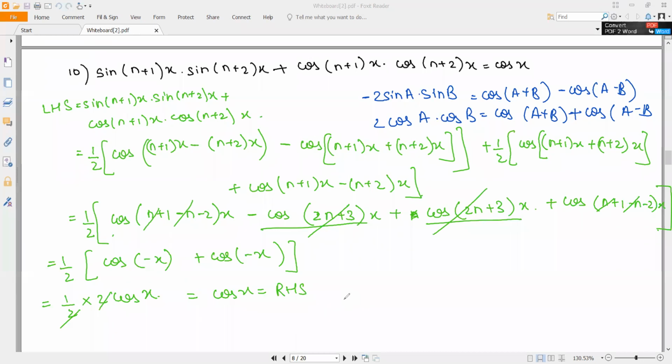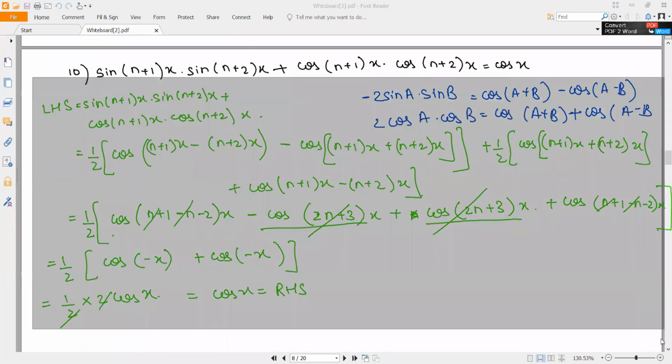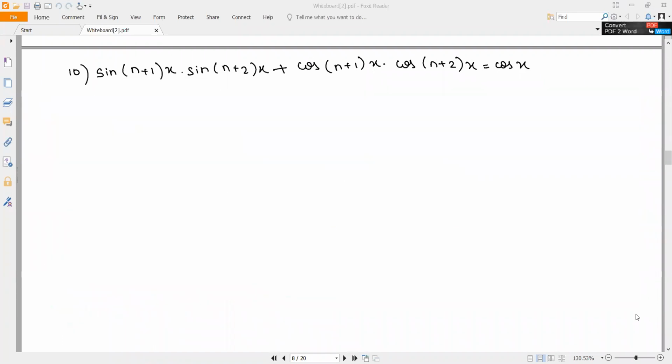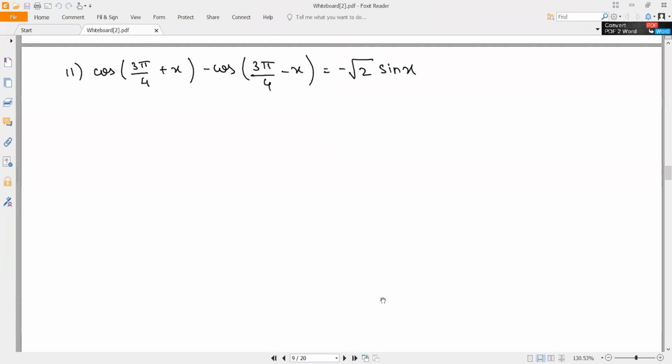Next. Cos of 3 pi by 4 plus x minus cos of 3 pi by 4 minus x is equal to minus root 2 sin x.